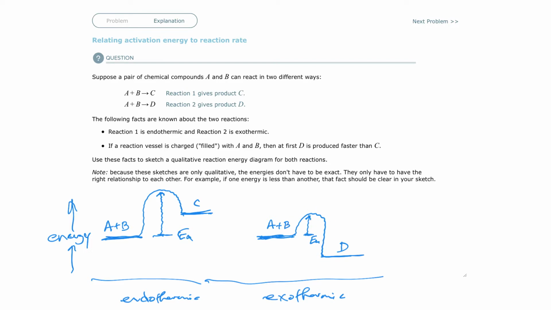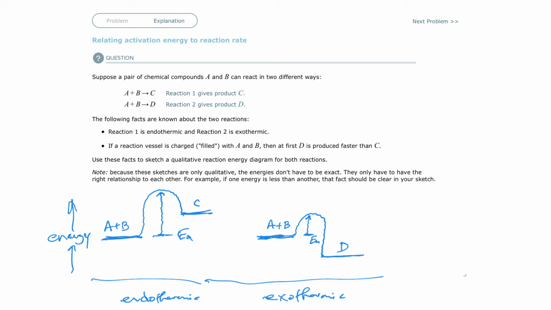So more of these have a chance to have the energy required to go to the other side. Fewer of these would have the chance of energy. Like if you were making popcorn, the popcorn would splash out of the bowl. If you have a very high walled popper, the chances of popcorn coming out are low. If you have a very low walled popper, the chance of popcorn coming out is higher. It's the same. The reaction rate is tied to the activation energy.